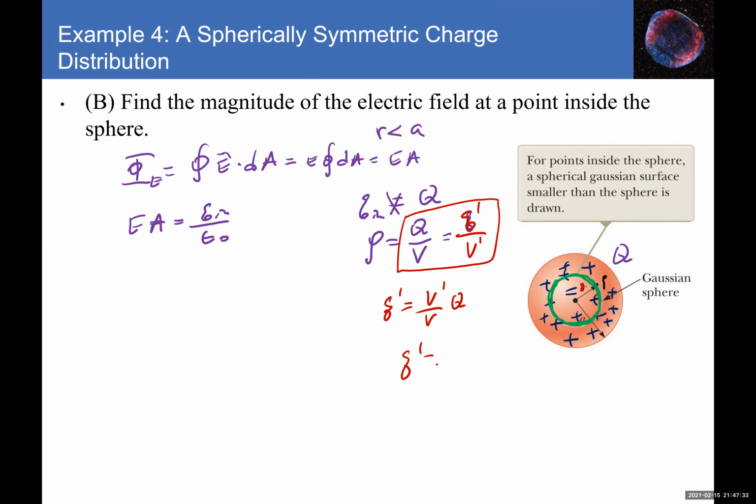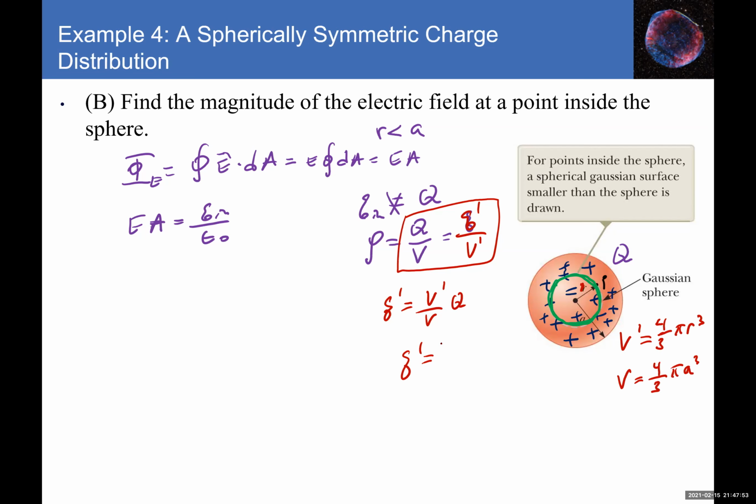Now, what is then Q prime? Well, it equals V prime, the volume of my Gaussian sphere. It is 4/3 pi r cubed. Then what is volume V? Well, it's the volume of the entire sphere, which is 4/3 pi a cubed.